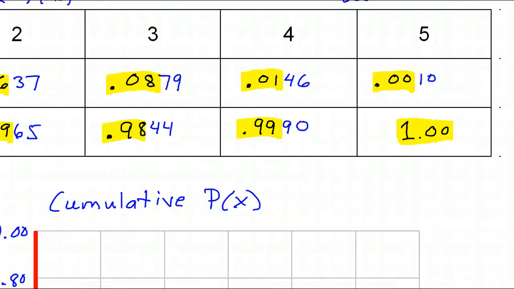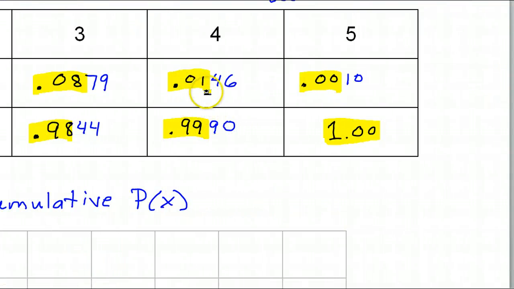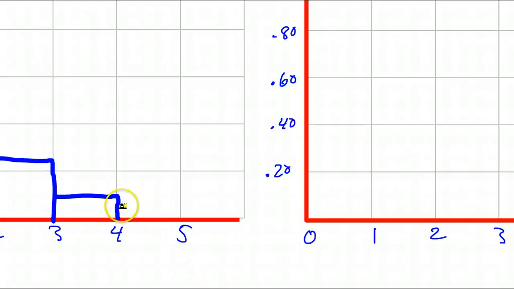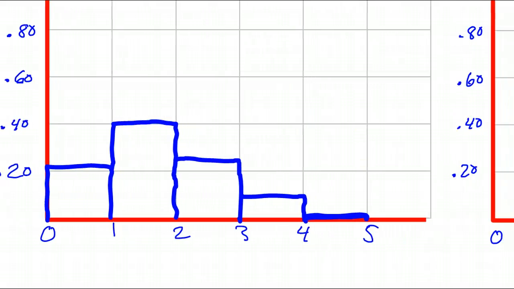Number 4. So I have 0.01 and 0. So man, those are really small. Okay. So 0.01 would be like barely visible. It's like the thickness of the ink. And then 0, I just won't put anything. Okay, so there is my histogram.